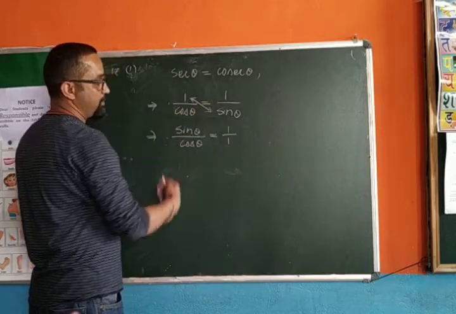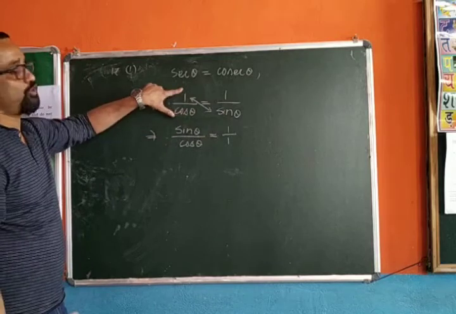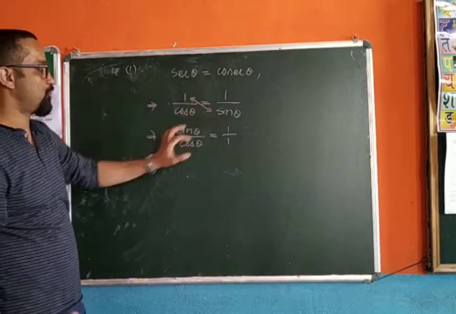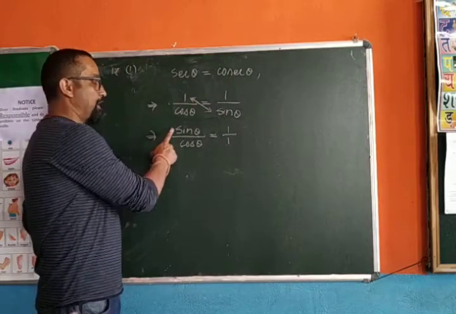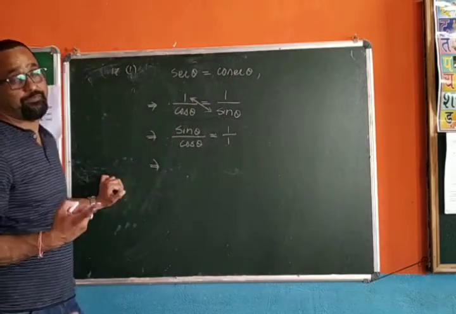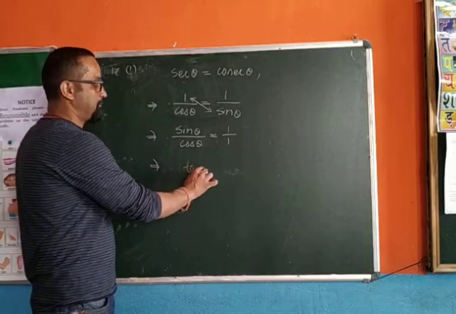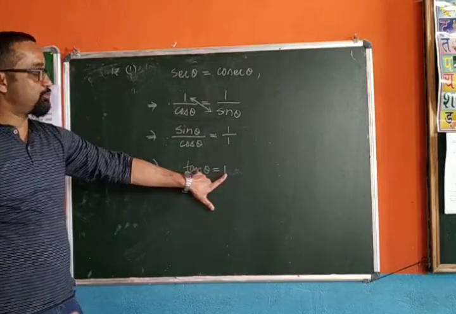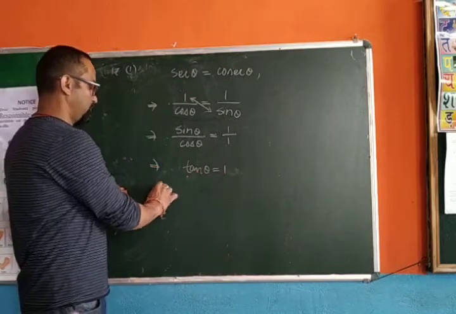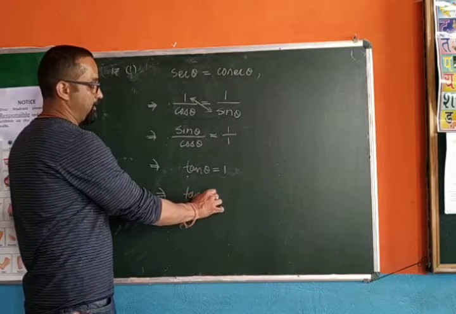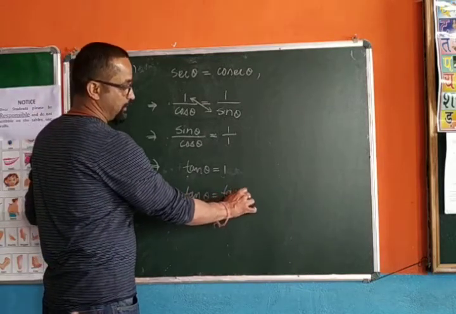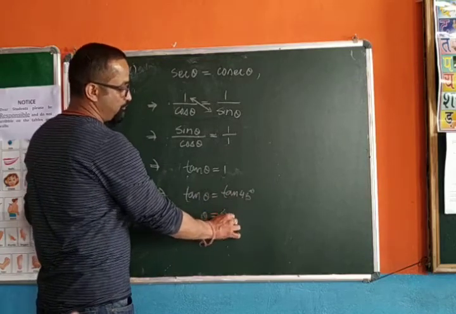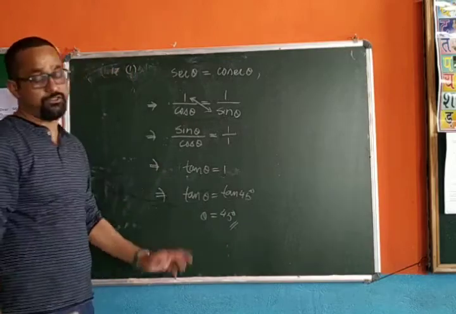We are interchanging this. Sin goes at numerator, 1 goes at denominator. And you know sin divided by cos can be written as tan theta. Which trigonometrical tan is equal to 1? Tan theta is equal to tan 45 degree. Therefore, theta is equal to 45 degree. Answer.